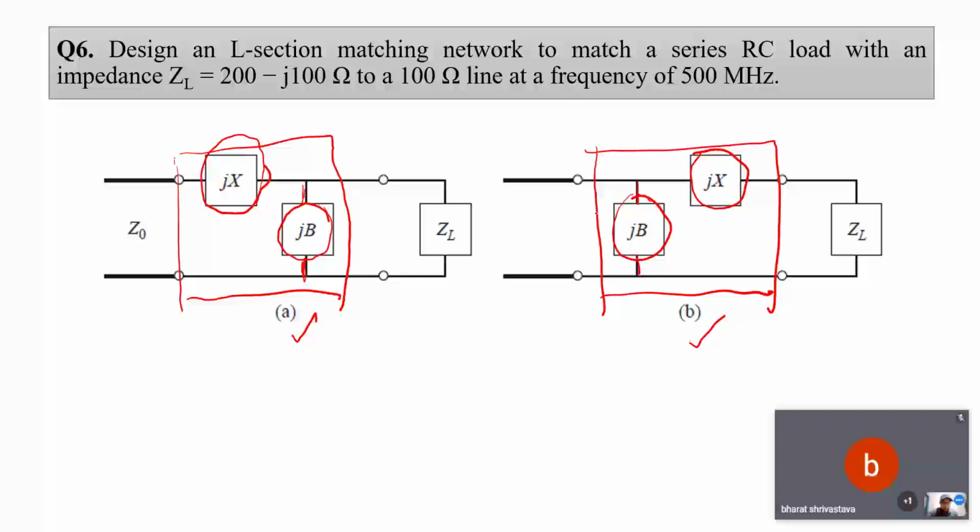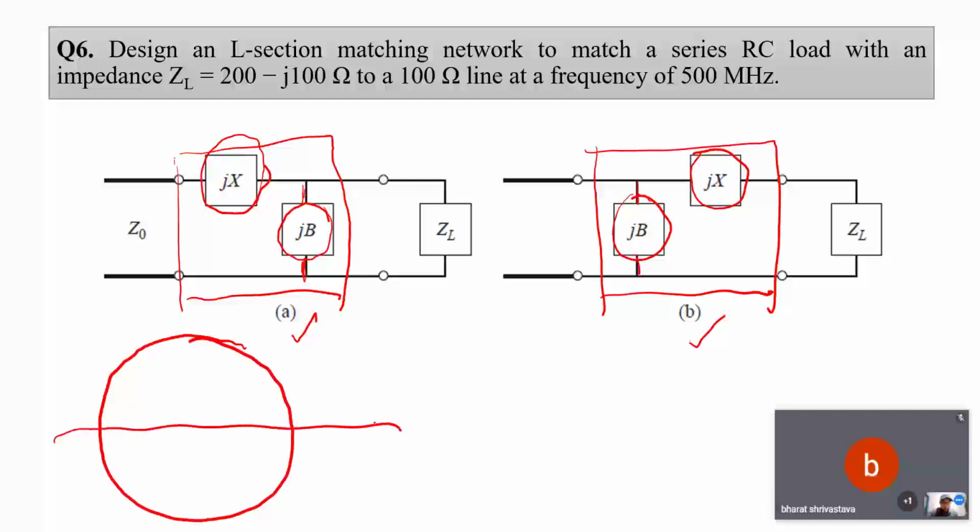Configuration A we can use when, suppose this is my Smith chart, and here is the reactance circle.